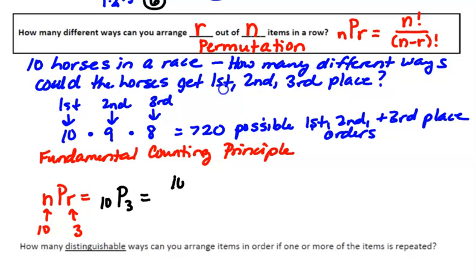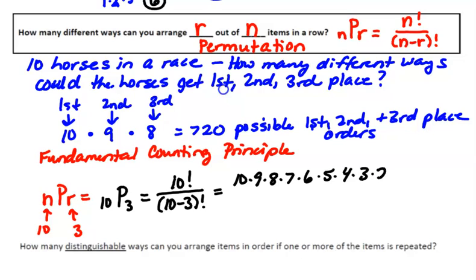This would be 10 factorial in the numerator, and in the denominator, 10 minus 3 factorial. If I expand my 10 factorial, I would get 10 times 9 times 8 times 7 times 6 times 5 times 4 times 3 times 2 times 1.